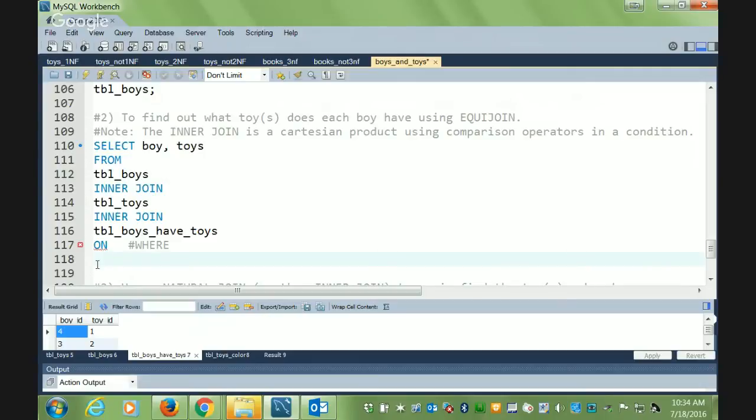Your conditions are that. What was the name of the table? Table boys.